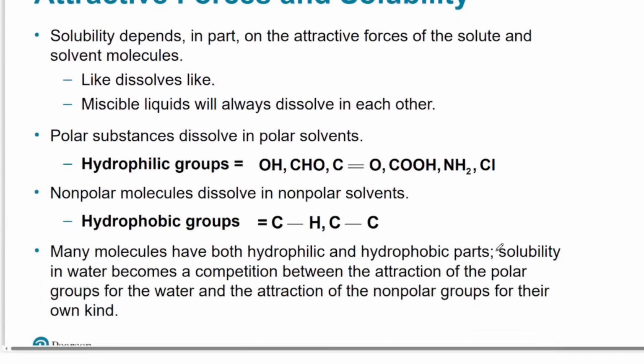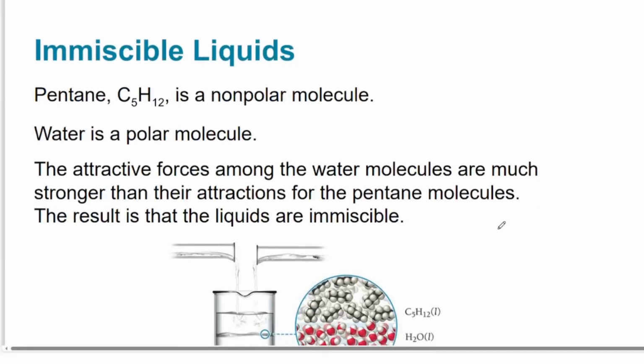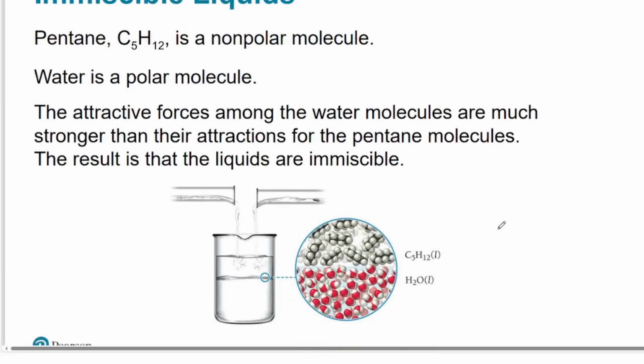These attractive forces will also affect solubility of molecules. Like dissolves like, and polar molecules are soluble in each other. Nonpolar molecules are soluble in each other, which is what leads to immiscible liquids. For example, pentane here is a nonpolar molecule, and it doesn't dissolve well in water.